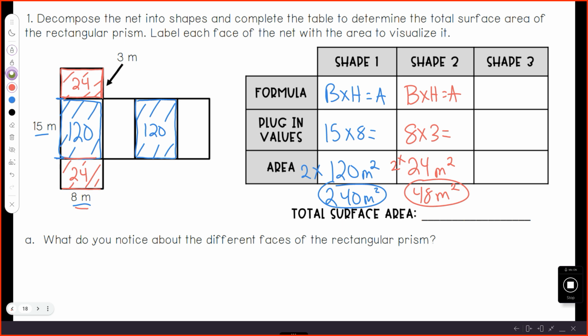And then lastly, we've got these two sides. So this is 15 because this was 15, and this is 3 because this was 3. So this is 15 times 3, or 45 meters squared.